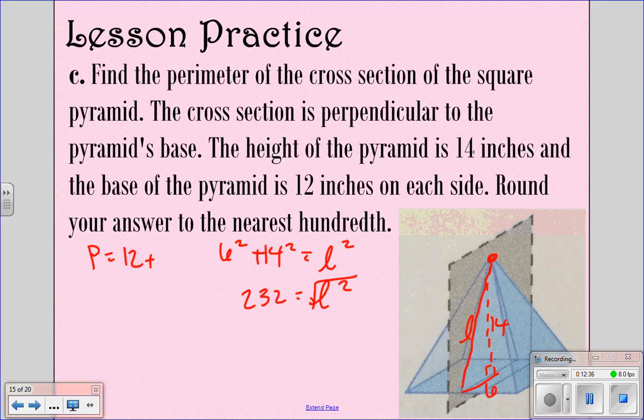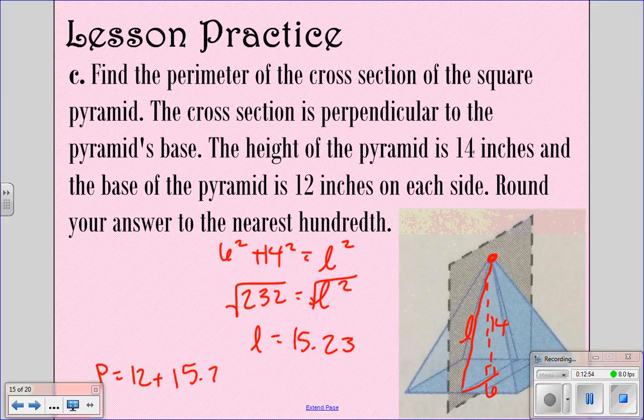So then you take the square root, and you get 15.23. And so we're going to have 2 of those. I'm going to move this down a little bit. So we're going to do 12 plus 15.23, and then the same length is going to be this other side of our triangle.